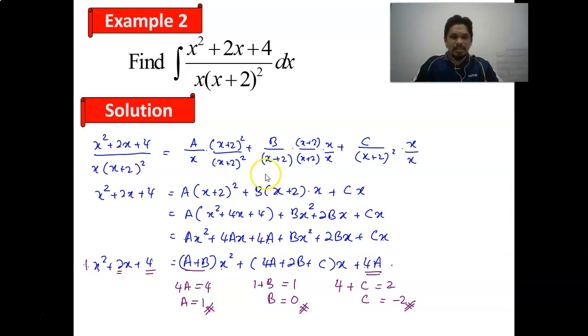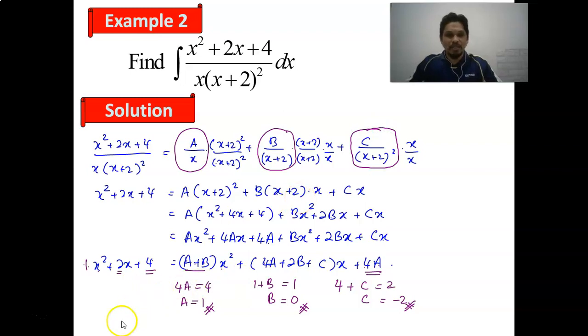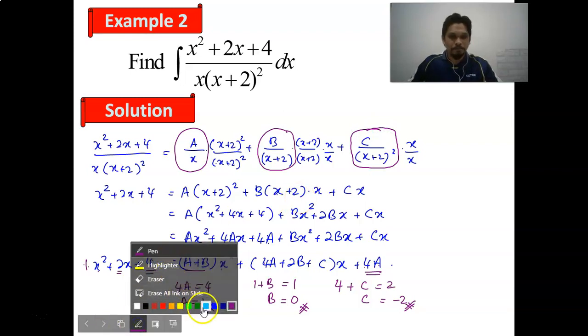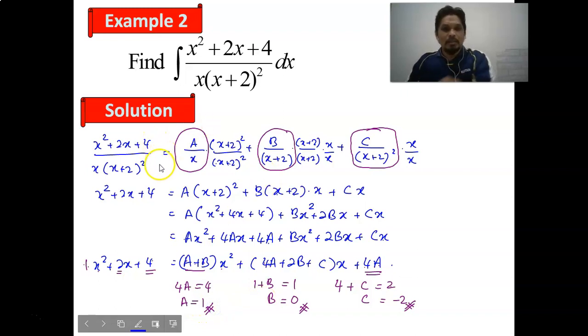Okay class, the original partial fraction for this is a divided by x, and then b divided by (x plus 2), and c divided by (x plus 2) in bracket squared. Which means a is 1, b is 0, and c equals negative 2.